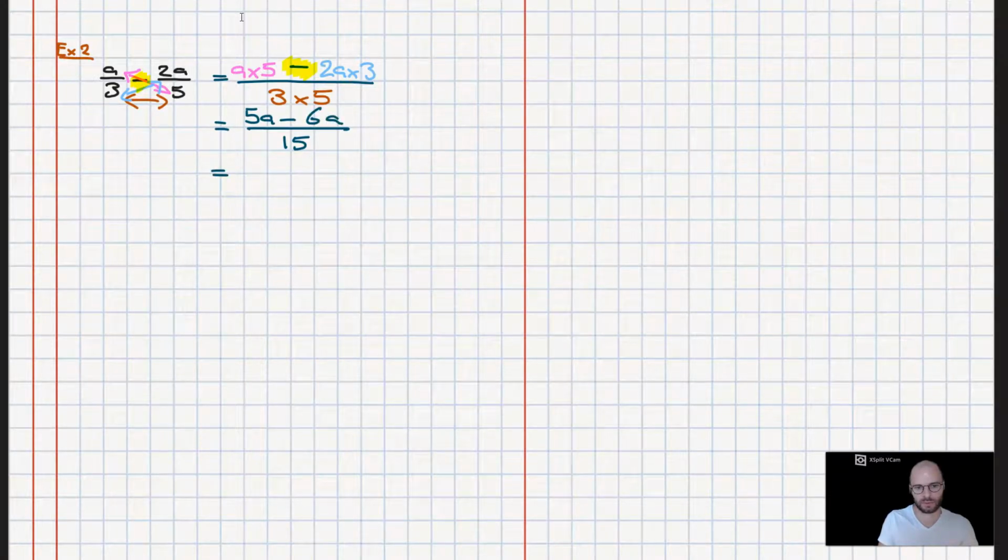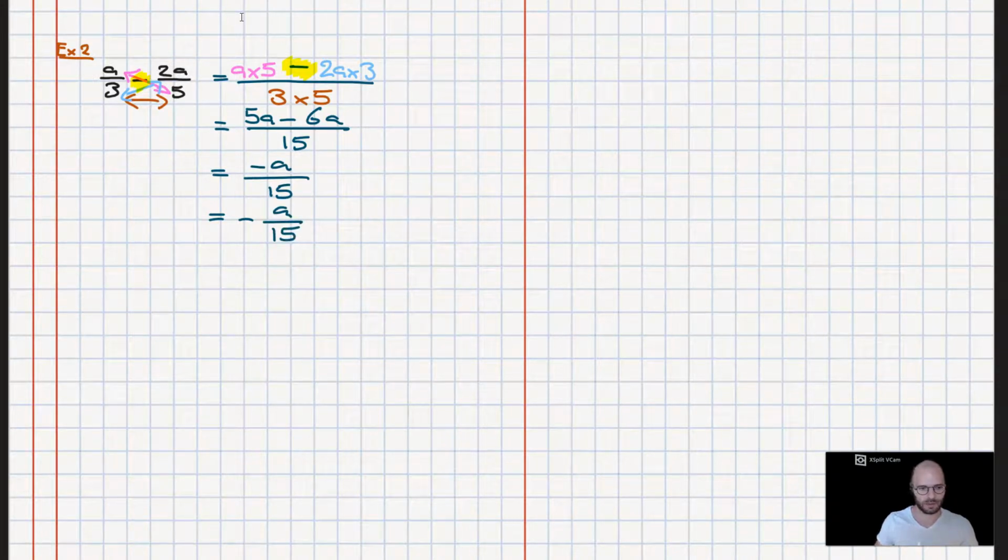Now the difference between 5 and 6 is 1, but because the 6 is bigger, we're going to get negative 1a all over 15, and we don't actually need that implied 1 there, so we can scrub that out. Therefore, our answer is going to be negative a over 15.